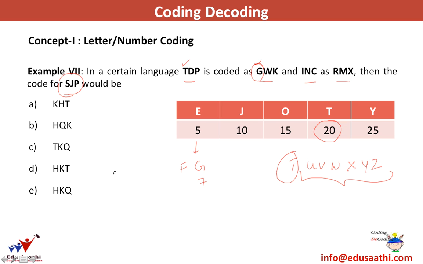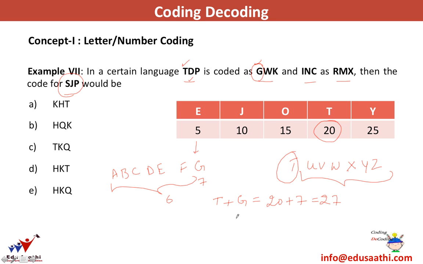Similarly, G, before G I have 6 letters. These 6 letters. So G is again the 7th letter. In other words, if I add the number T plus G, I'll get 20 plus 7, which is 27.